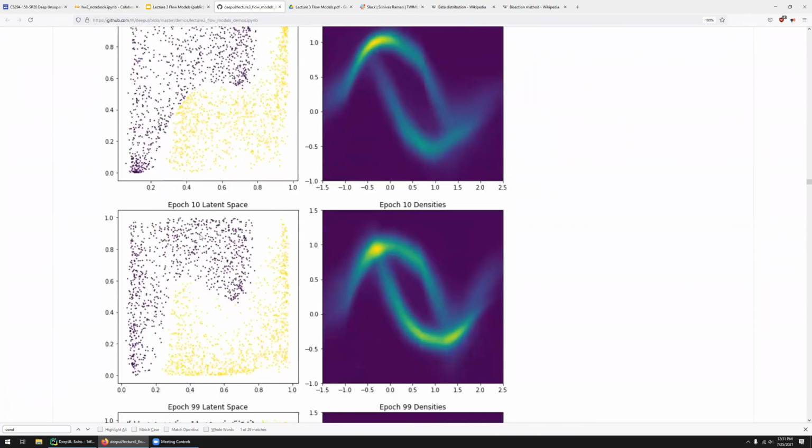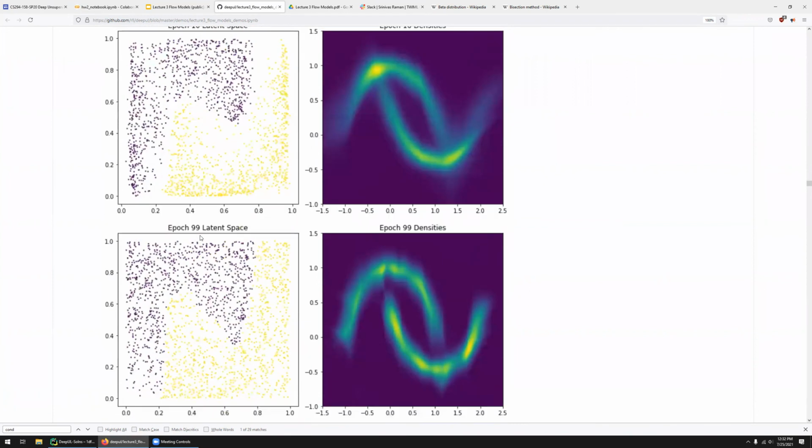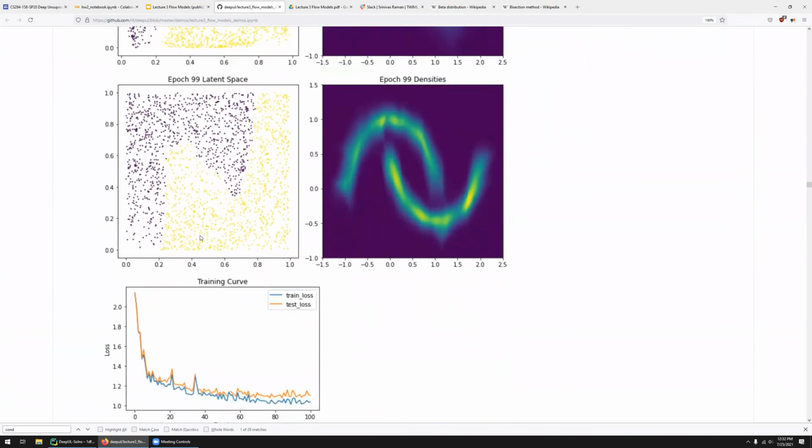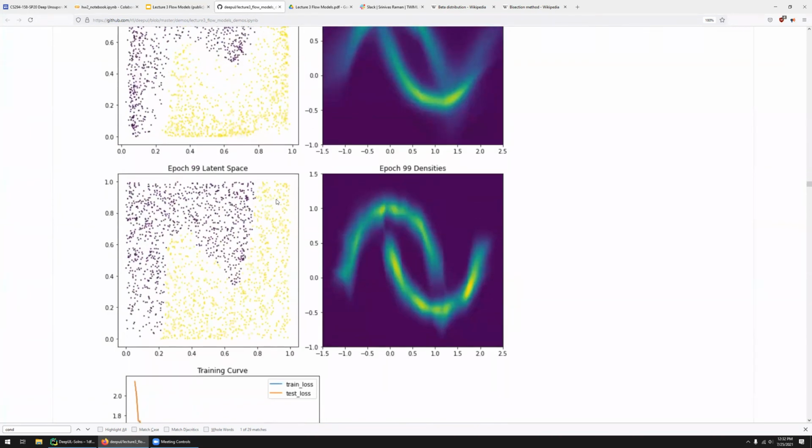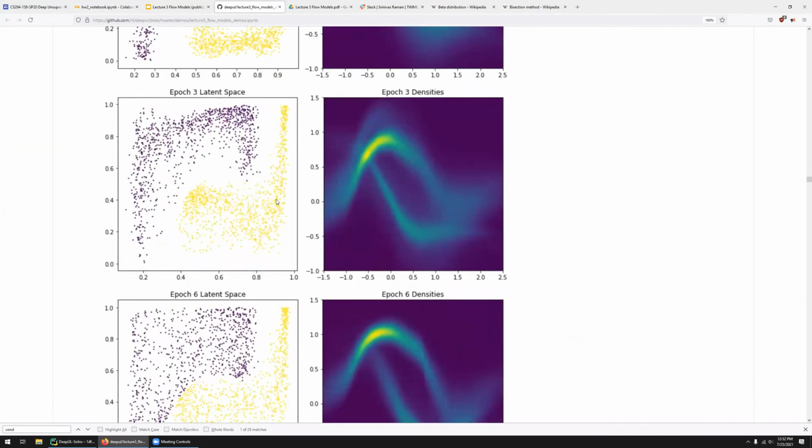I don't know how you printed the latent space. Wow. Especially the plot of densities is fascinating, because it begins to place the densities where it really matters, and then slowly gets to the moon from a blob that's just at the center. If you go back up at epoch 0, what's the density like?